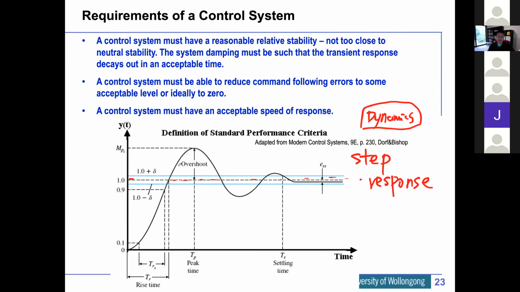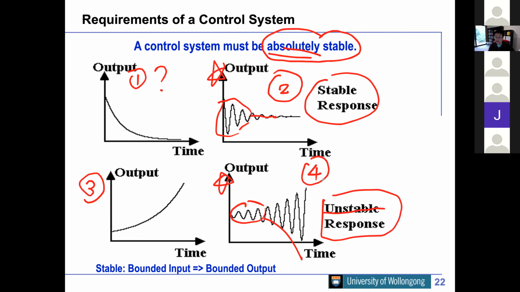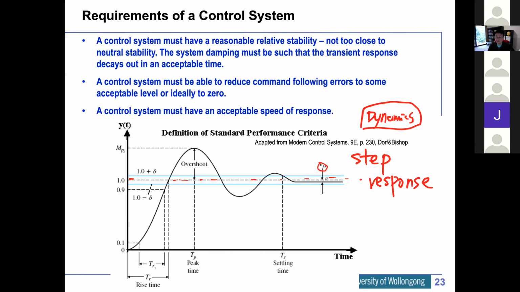So let's see what we want to achieve. Firstly, for a control system, the final error between the input and output needs to be very small, ideally 0. So that's one thing. The error needs to be small. Secondly, we don't want the output signal to go too far.